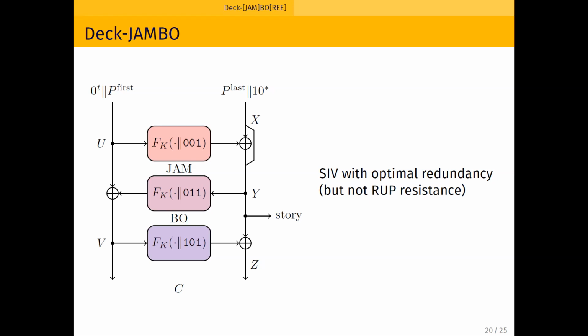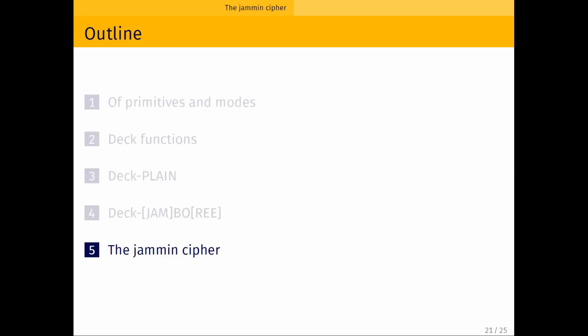In the paper, we prove that they are all secure, but secure under which model? That's the topic of the jamming cipher. So we really wanted to have some modes that support this concept of sessions, and the model that was the closest to this idea is the OAE2 model.